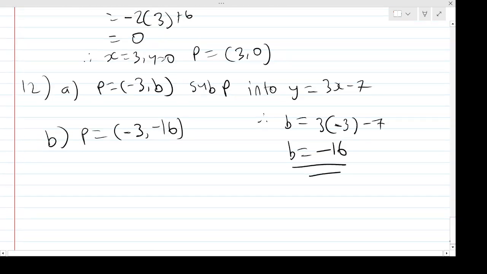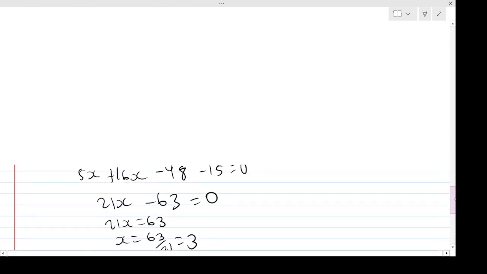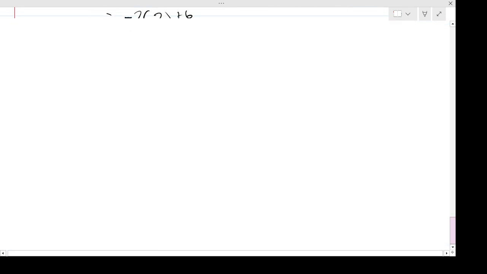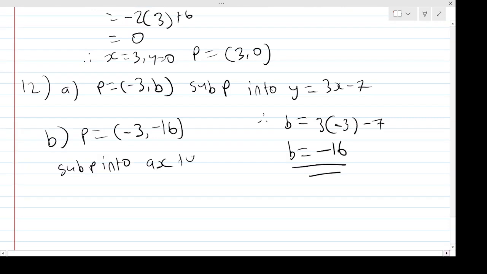So then I'm going to say sub P into the line ax plus 4y minus 17 equals 0. And there we are.